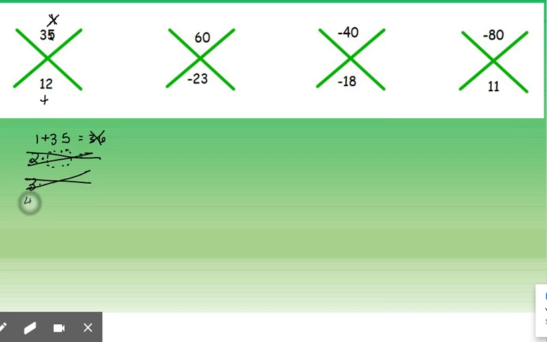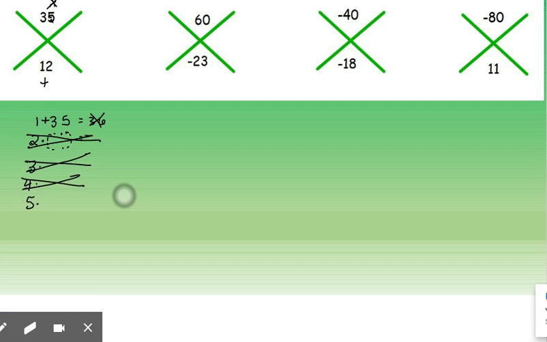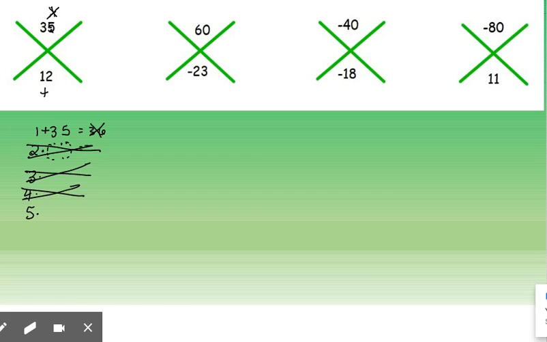Cross it off. 35 divided by 4 is a decimal. Cross it off. 35 divided by 5 is 7. So now I have another one to check. I know 5 times 7 is 35. If I change this to addition, I get 12. There's my two numbers, 5 and 7.